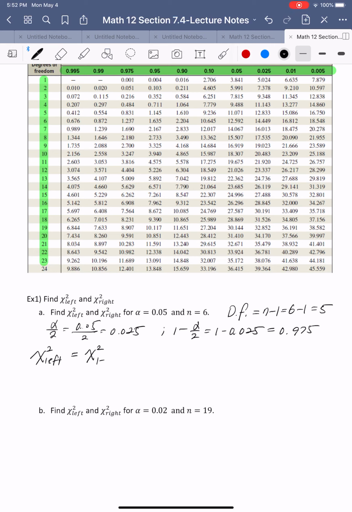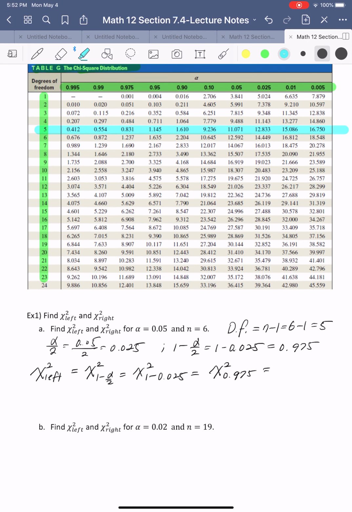Chi-square left is chi-square 1 minus alpha over 2, which is chi-square 0.975, with degrees of freedom 5. So we look at degrees of freedom 5 and the column 0.975, which is this one, and you'll see 0.831.